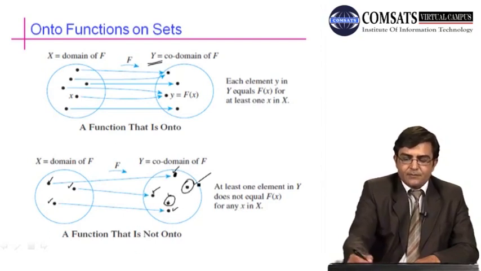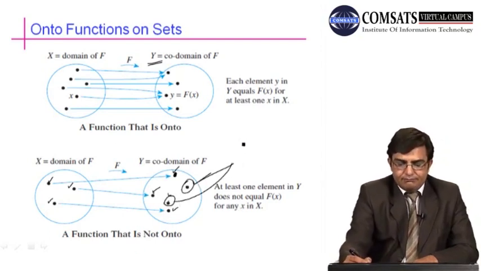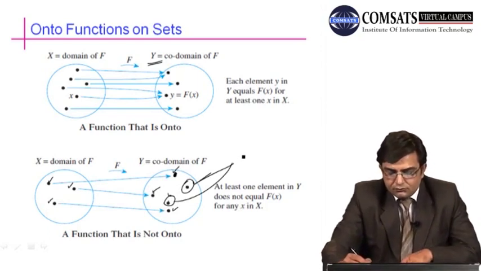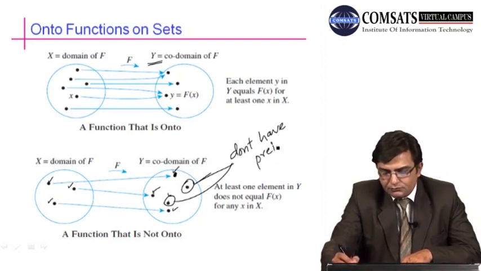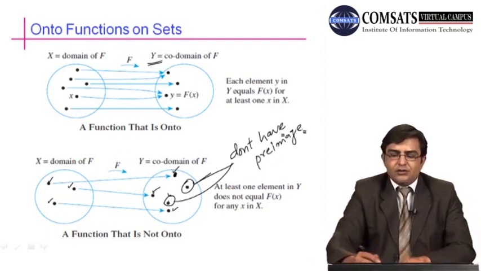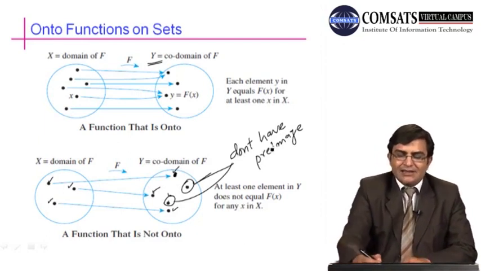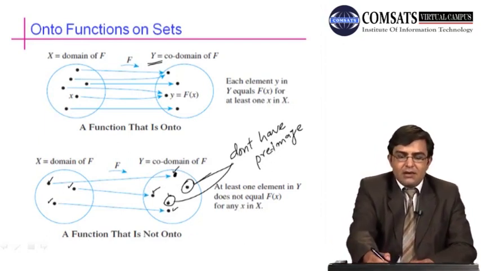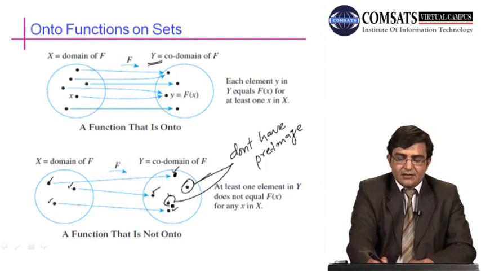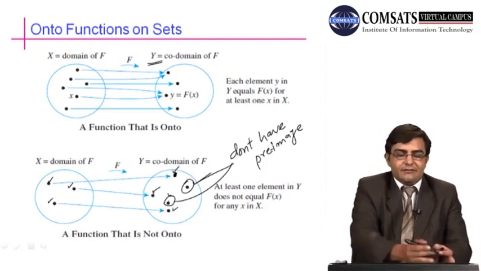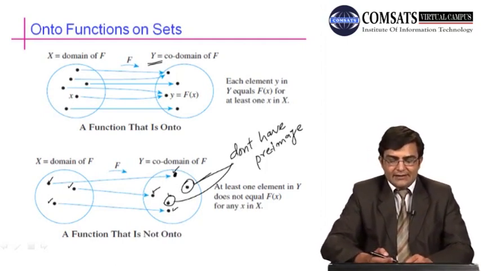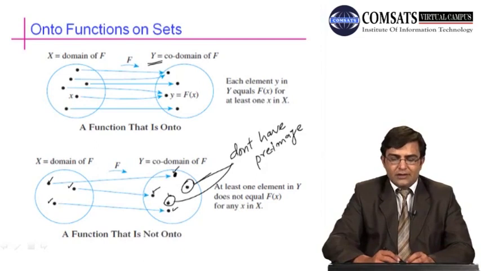These two elements don't have a preimage. Or you can say that there exist some elements in the codomain set which don't have a preimage, who are not related with the elements of x. So such functions are not onto functions.